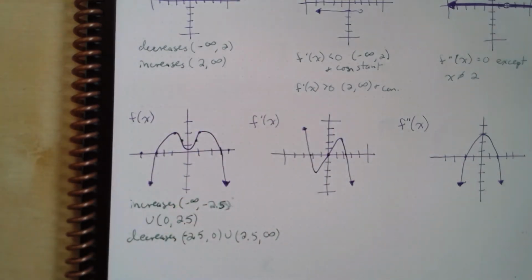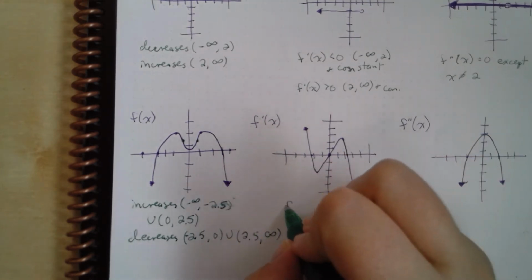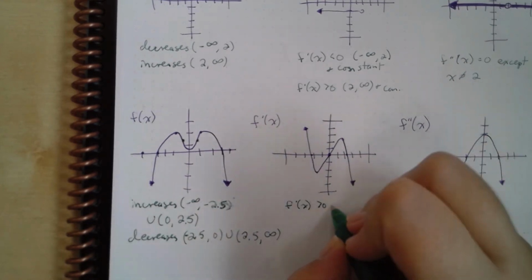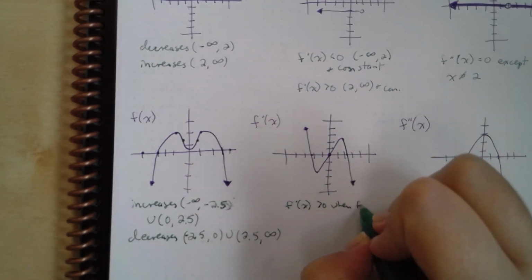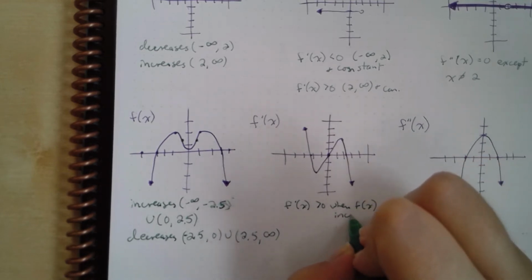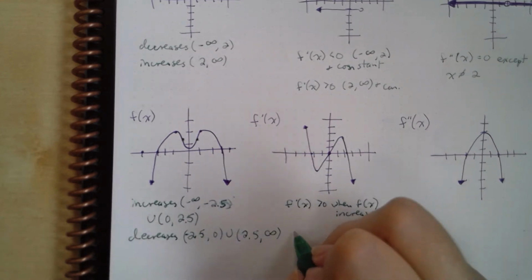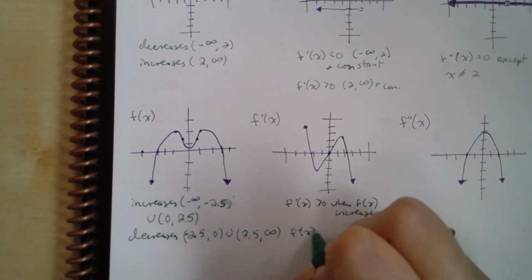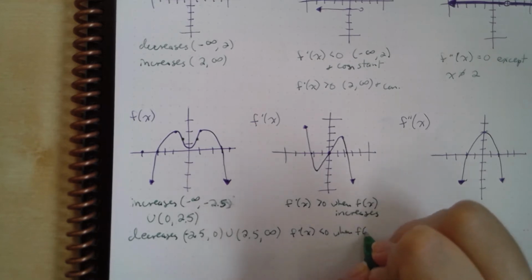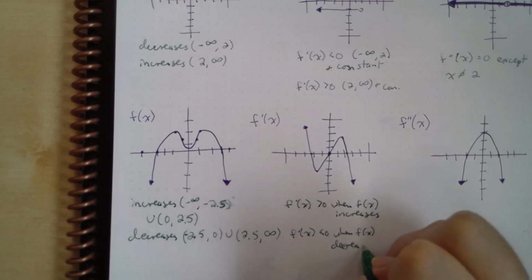All right, let's look at our f prime of x graph here. F prime of x is greater than 0 when f of x increases, right? And that should be the pattern you're seeing now. And f prime of x is less than 0 when f of x decreases.